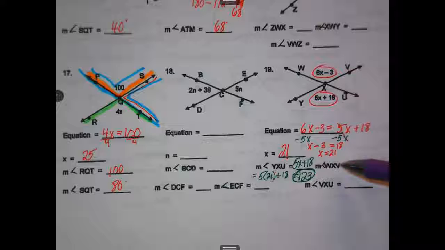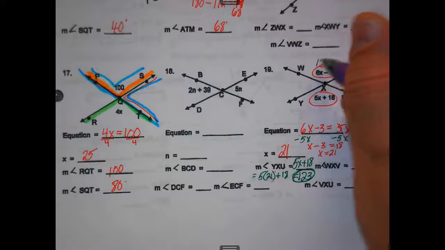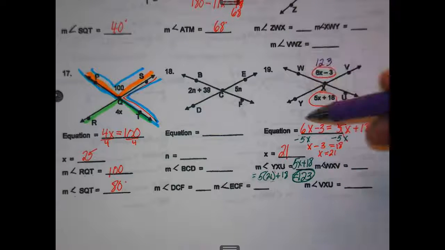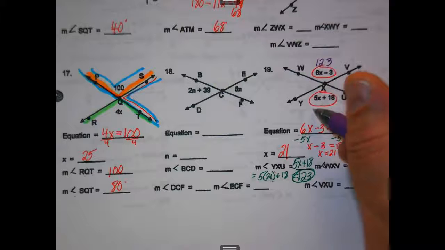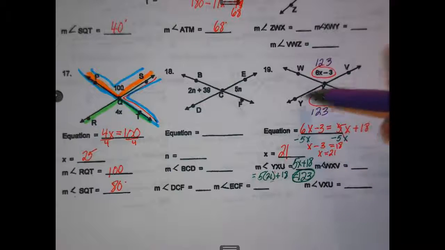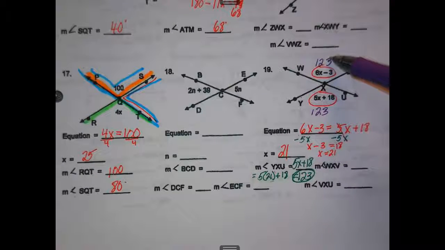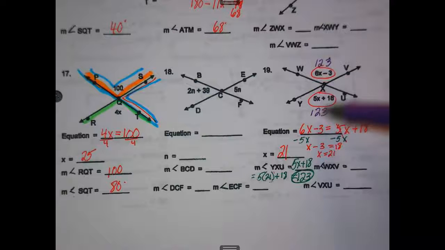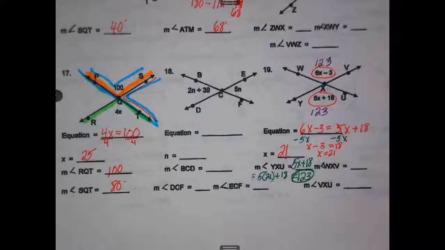So WXV is 123. YXU, yeah, because they're vertical angles. If this is 123, that's 123. Because this angle actually refers to this one. All right, so what's VXU?